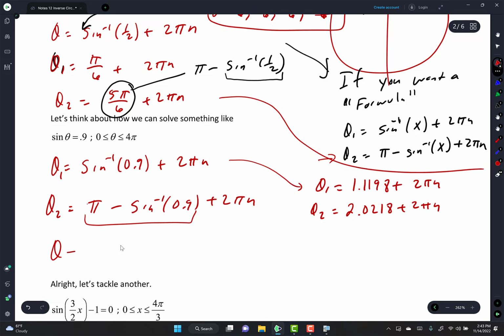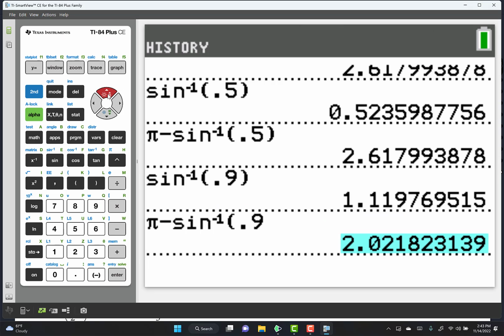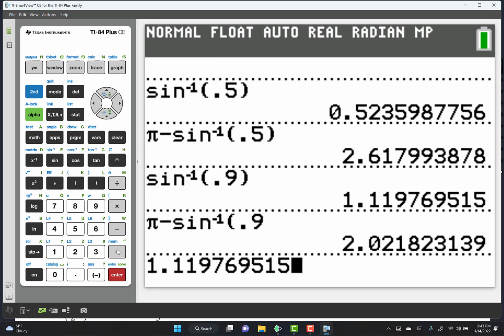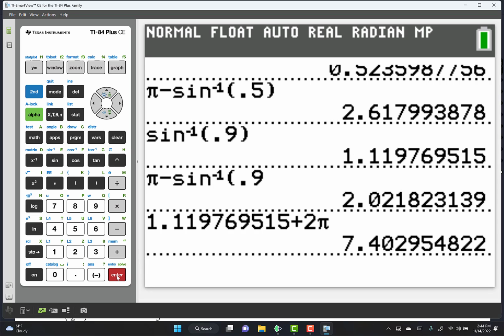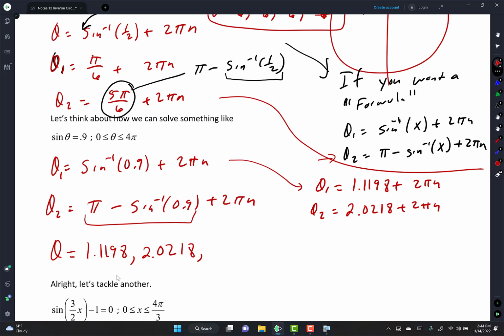All right, here are my answers. The very first one, 1.1198, comma. The next one, 2.0218, comma. The next one, take the 1.1198, add 2 pi. So 1.1198, enter, plus 2 pi, enter. 7.4029, truncated, because rounded it would have been 7.403.